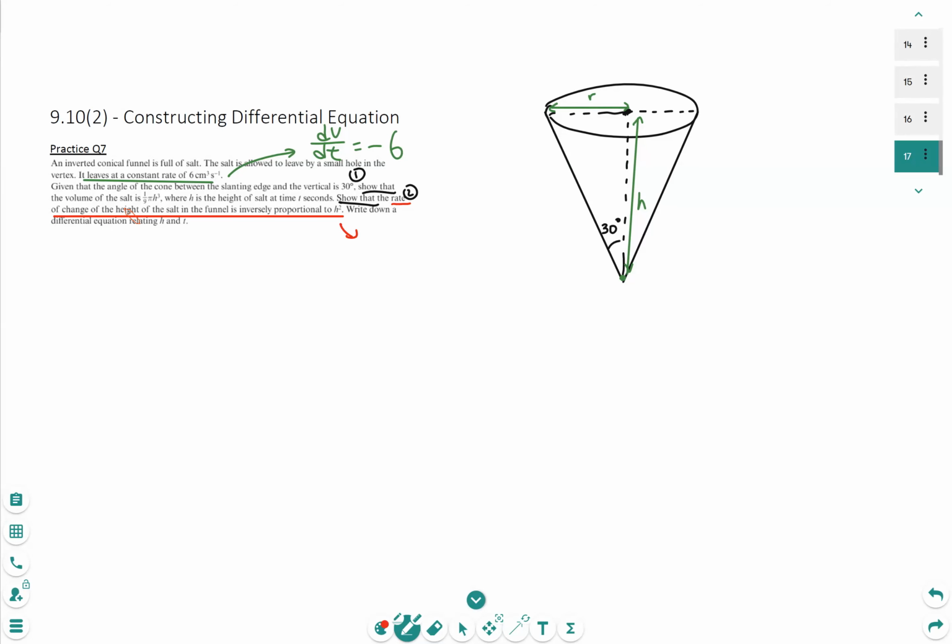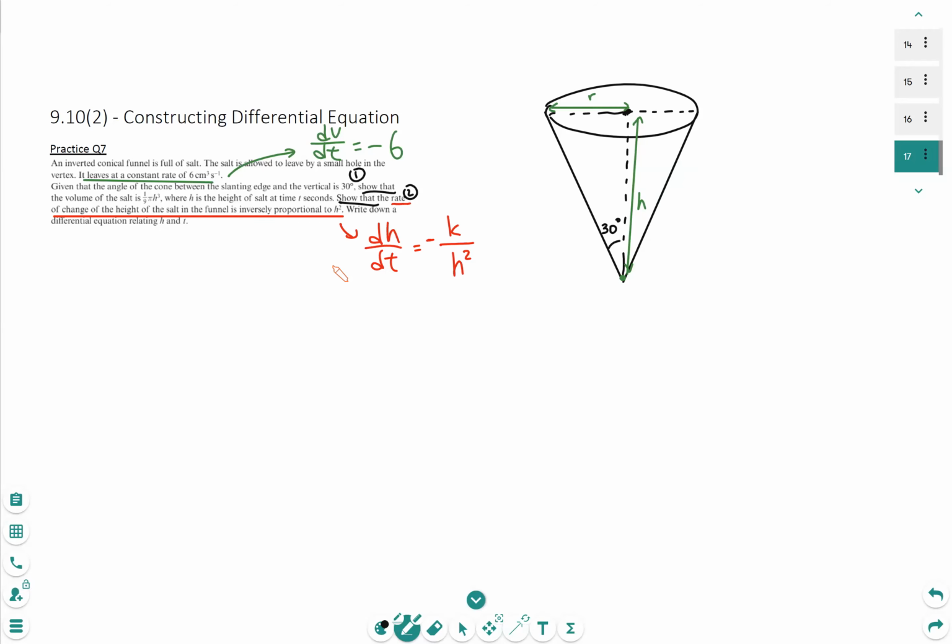The rate of change of the height, dh/dt, is inversely proportional to h squared. We know the rate of change is negative because the salt is leaving from the vertex, like a funnel.